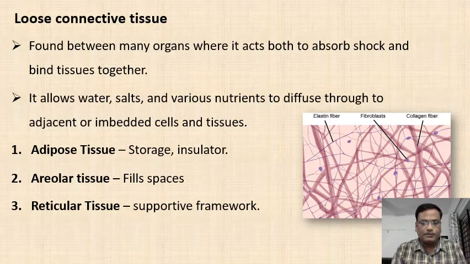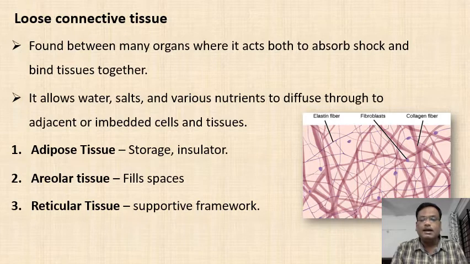Now this adipose tissue distribution is different in male and female, and in different animals it is found in different parts. Adipose tissue has two important functions. Of course its main function is to store lipid or fat, and the fat layer normally found below the skin also acts as an insulator. Think of animals which live in cold climatic conditions where the temperature is very low, like the polar bear, seals, penguins, etc., which live in polar areas where the temperature is very, very low, like -40, -60.